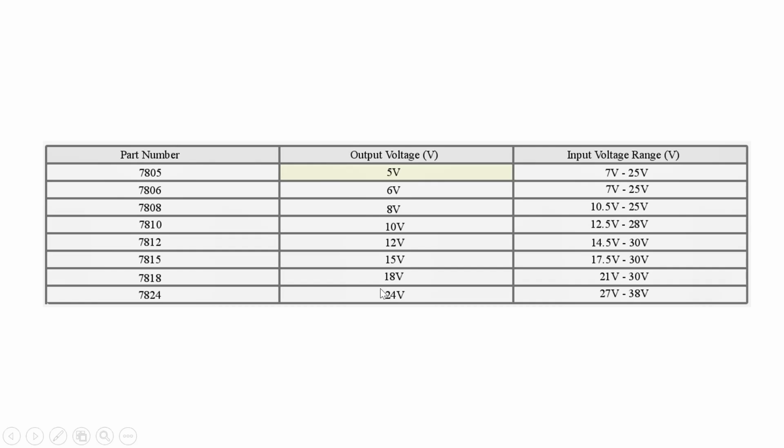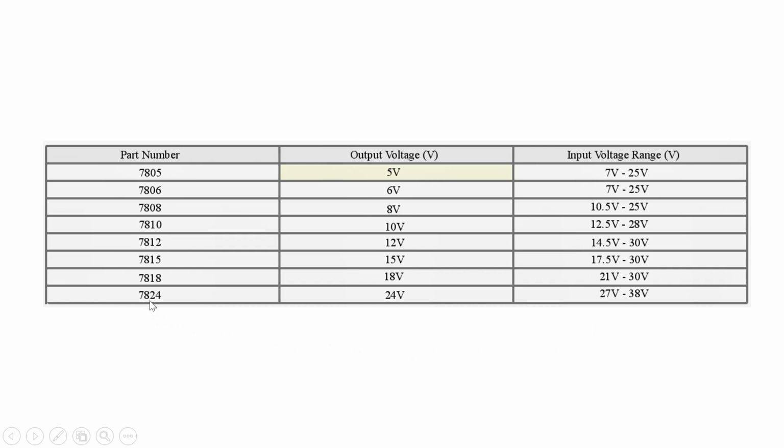Other varieties of these 78 series ICs, with their output voltages and the maximum and minimum input voltage ranges, are presented here in this table for your reference. You can take a snapshot of this and note down all these things.